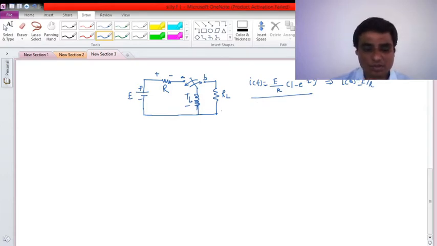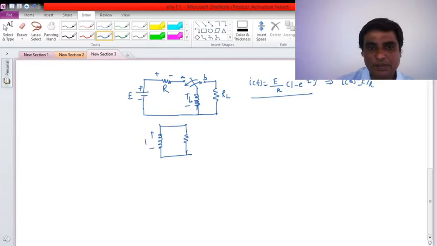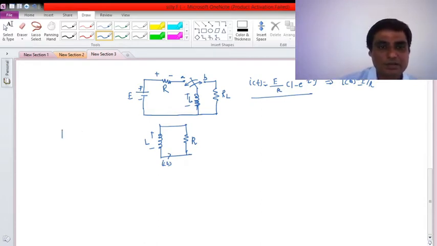So in order to retrieve the energy, I have to connect this switch to position B. Okay, so how will this be? The network looks like this way: L, and this will be R, and current is flowing this way. So I can draw two types of circuits.